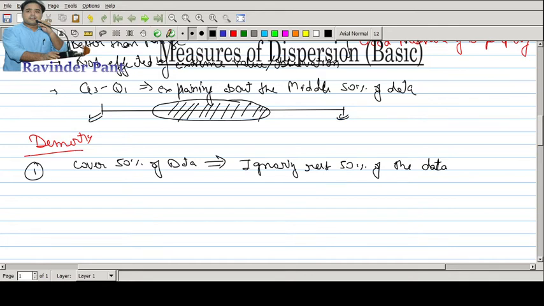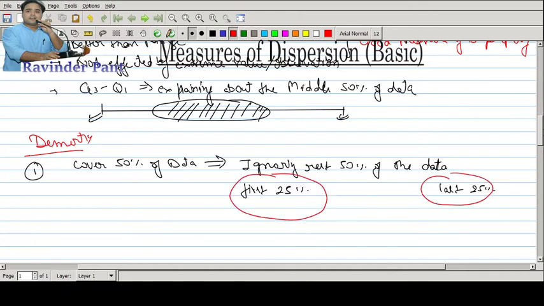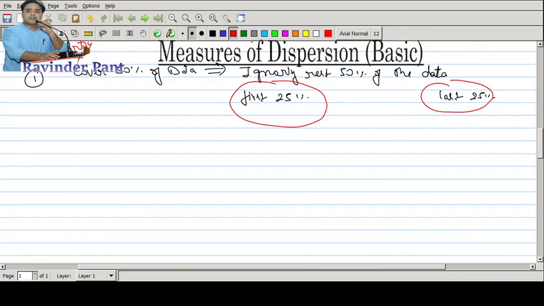So that's a difficult scenario, since it is leaving the first 25% and last 25%. Hence, this measure is not based on all the observations.